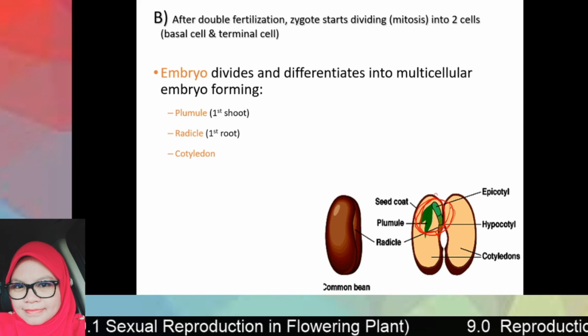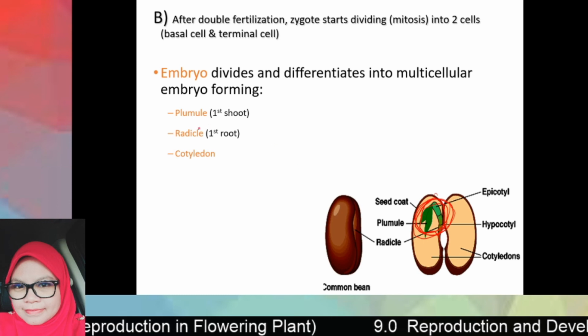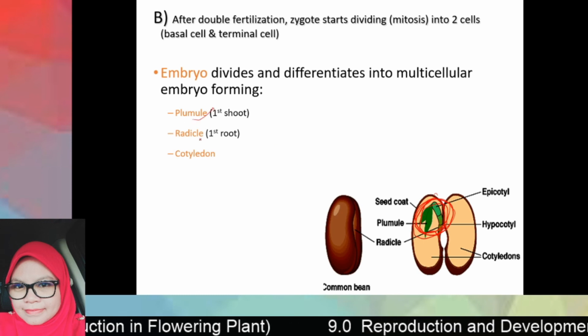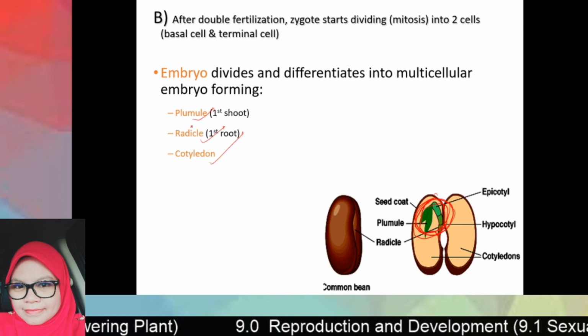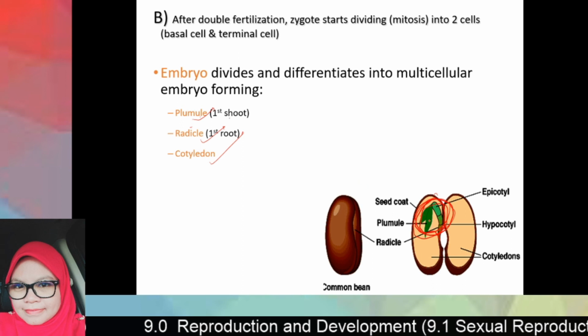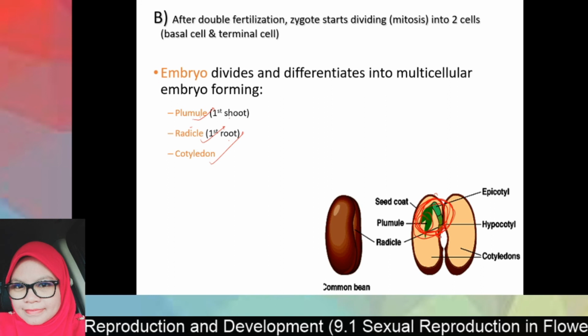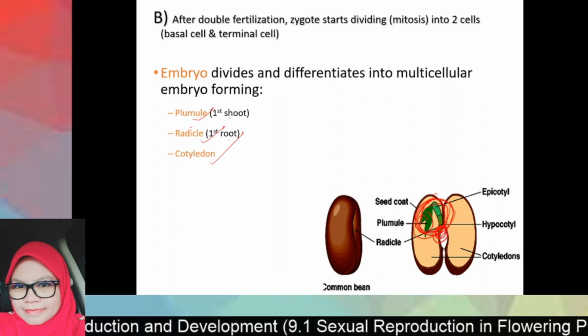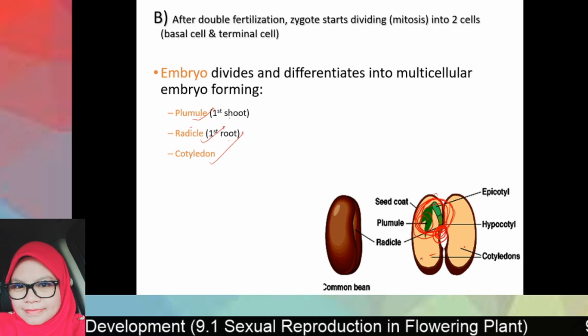So this embryo will have plumule, radicle, and cotyledon. Okay, the plumule is actually the first shoot here. The radicle is the first root, this is the radicle. And then the cotyledon. So here is the cotyledon.